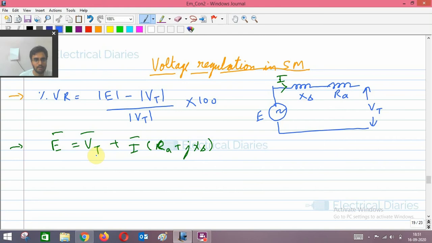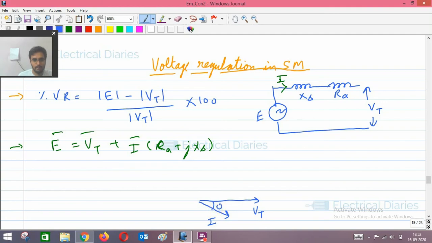In this phasor diagram I have to add VT and this thing to get E. So I will take VT as a reference. I'm assuming that the generator is at lagging power factor, so your I is this.